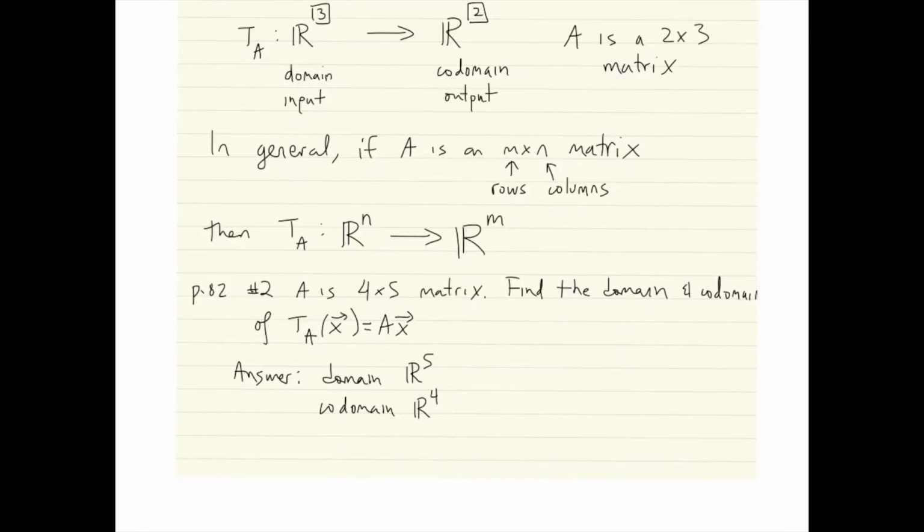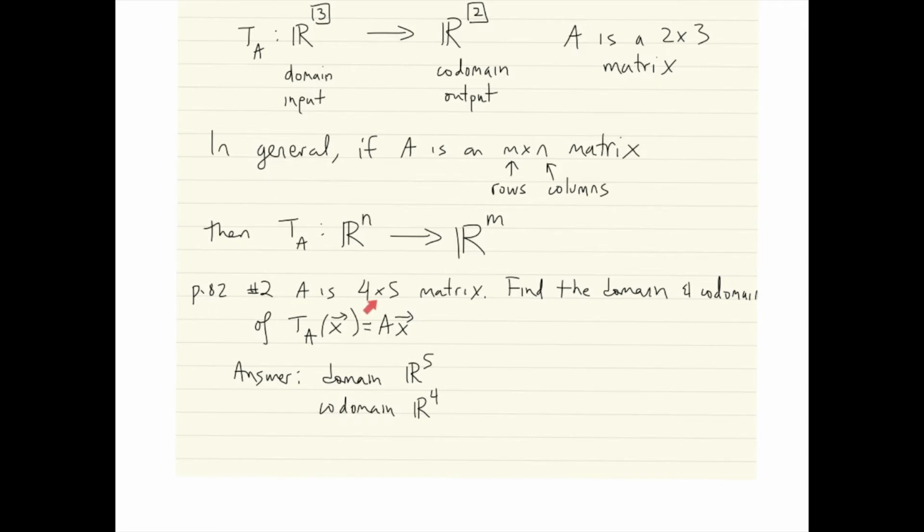A general fact that's easy to see is that if A is an m by n matrix, in other words, if it has m rows and n columns, then the transformation given by left multiplication by A takes an n-tuple, or an n by 1 column vector, and returns an m-tuple or an m by 1 column vector.